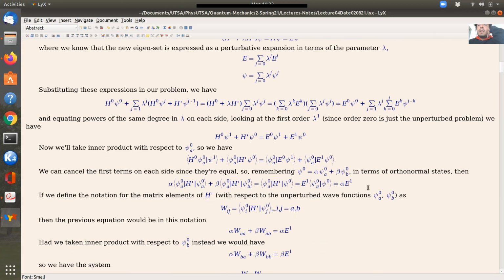If psi 0a and psi 0b, which are the degenerate eigenfunctions of H naught, meaning they have the same energy for H naught, are also eigenfunctions of A with distinct eigenvalues nu different from mu, meaning that when you apply the operator A to psi 0a, it's equal to mu psi 0a, and when you apply it to psi 0b, you get nu psi 0b, where these eigenvalues are different by assumption, then it follows that psi 0a and psi 0b are the good states to use in degenerate perturbation theory, and you can just use them.